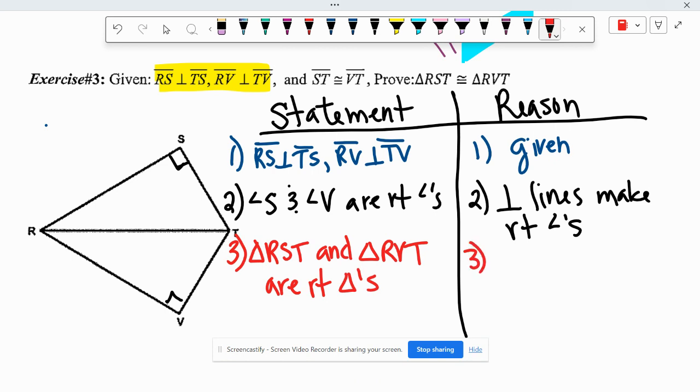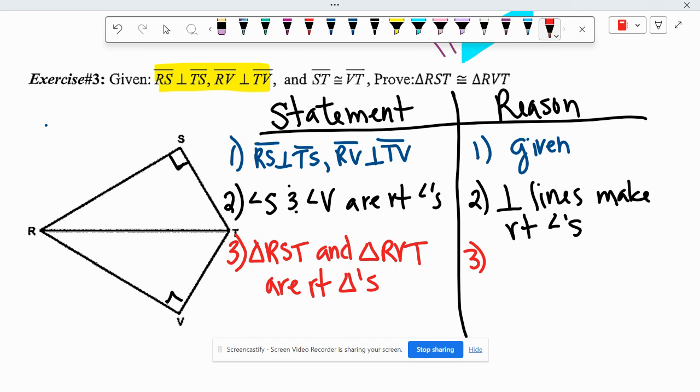Why can I say that? What's the definition of a right triangle? A right triangle is a triangle with a 90-degree angle. Do we have 90-degree angles there? Don't we have two right angles?